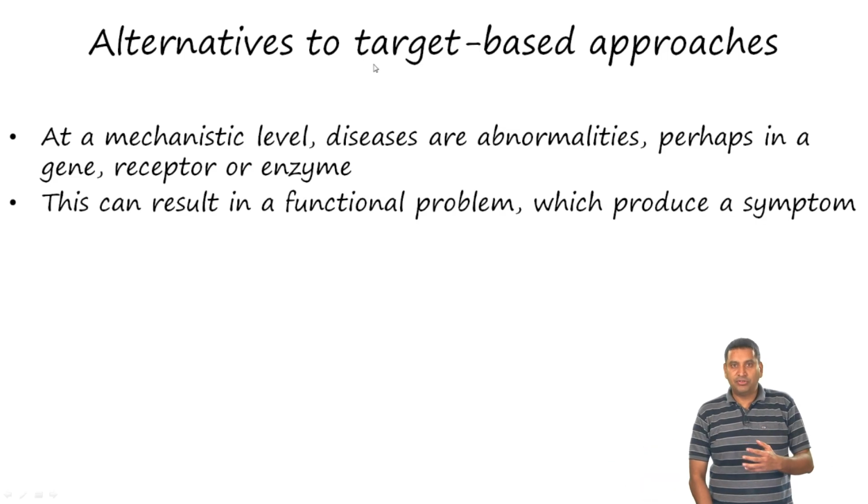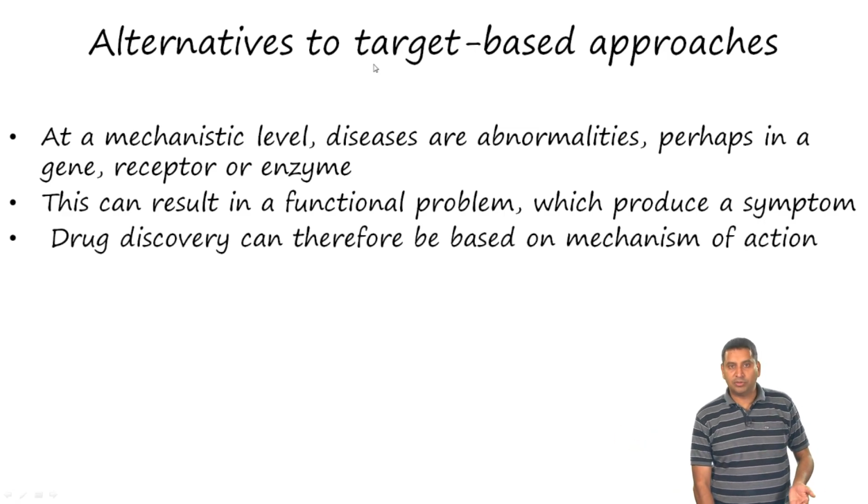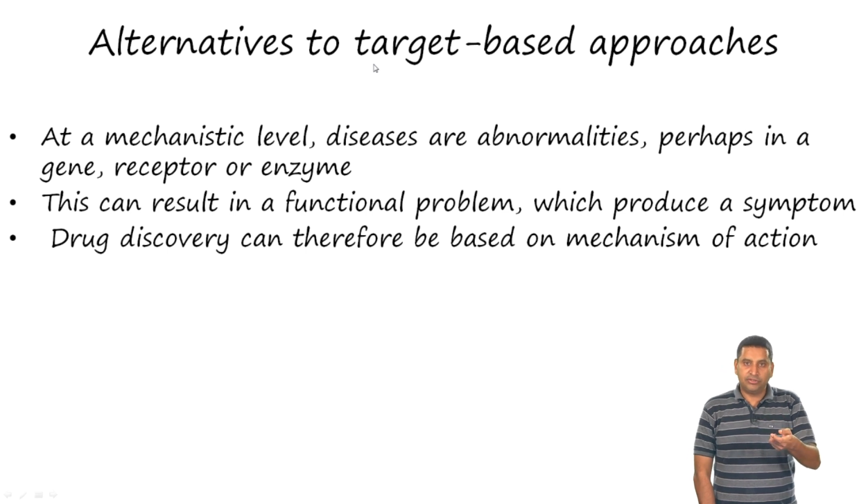So, what happens is that when there is an abnormality in the functioning of the tissue, it results in a symptom. Therefore, one could use this symptom, or what is known as a phenotype, to develop new drugs. Here, in many cases the target is not completely known.